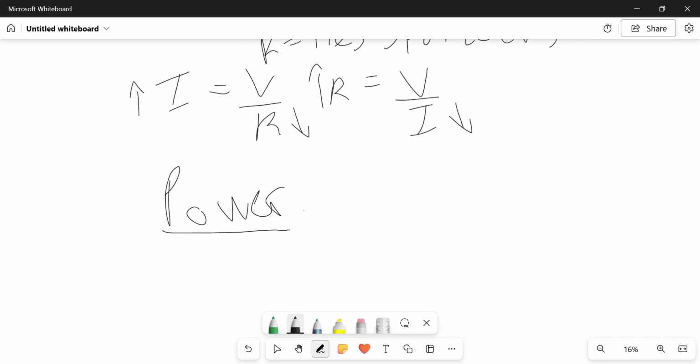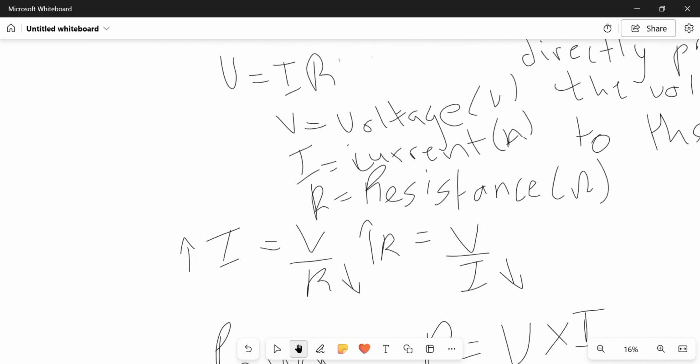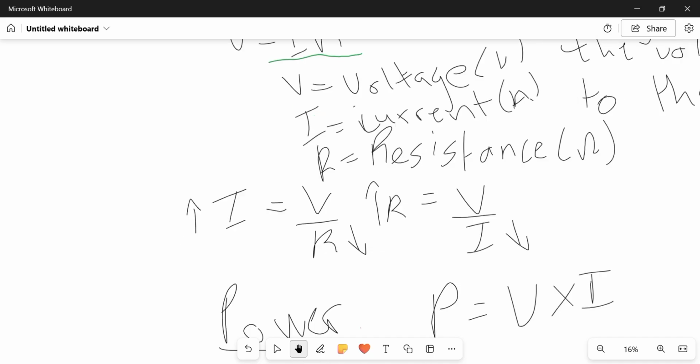So it has a formula, P equals voltage times current. That's your power. And it's not only this, since voltage equals current times resistance, you can also manipulate the formulas here.